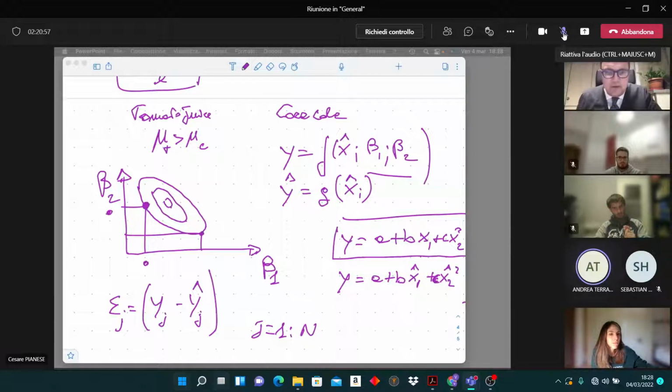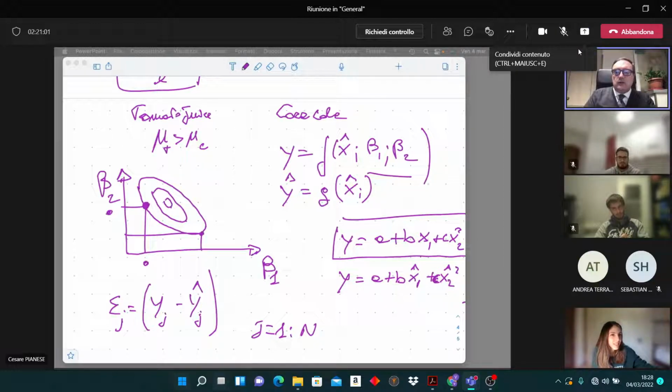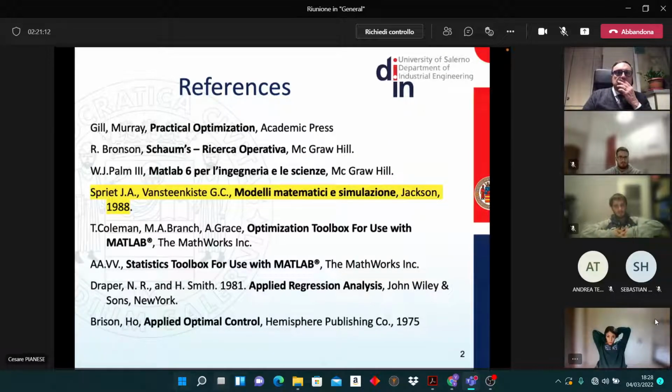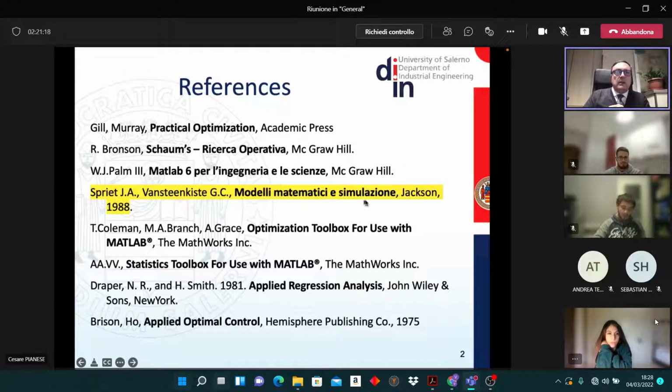It's this one. Sprit. Okay. Advanced Kinster. Modelli matematici e simulazioni. This is in Italian, but this is the translation of a book written in English.